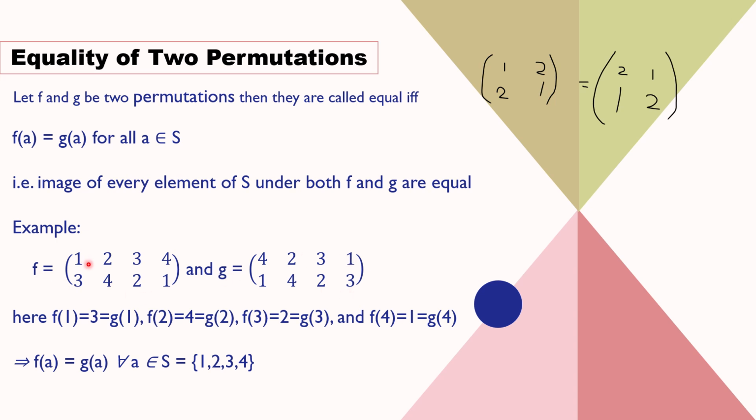So f of 1 is equal to g of 1, correct? Next you will check for 2. So f of 2 is equal to 4, and g of 2 over here also is 4. Then f of 3 over here is 2, and g of 3 is also 2. Then f of 4 is 1, and g of 4 is also 1. Since all the images in f are equal to the images in g, the two permutations are considered equal.